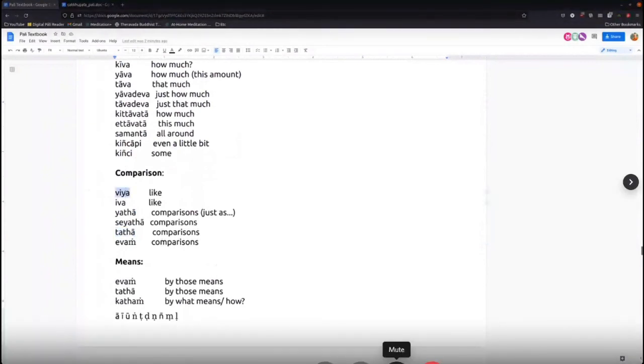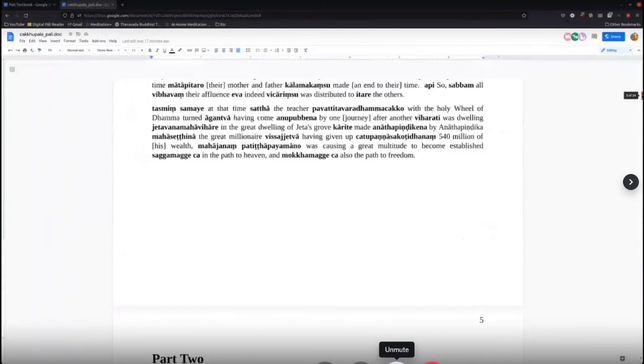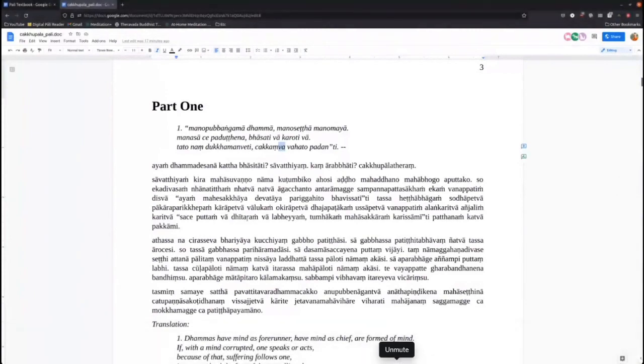Viya and iwa are used for similes, and iwa sometimes becomes wa. So look out for this. If you look at the Chakupala, we have an example of this. It's not that common, and it can throw you for a loop if you don't catch it. Here, chakang wa wahato, chakang wa wahato padang.